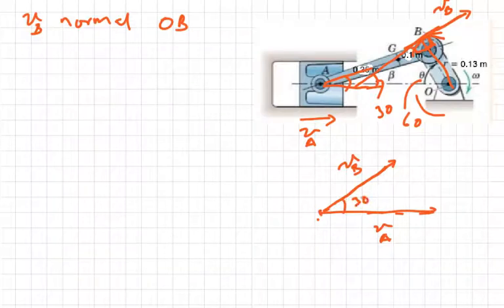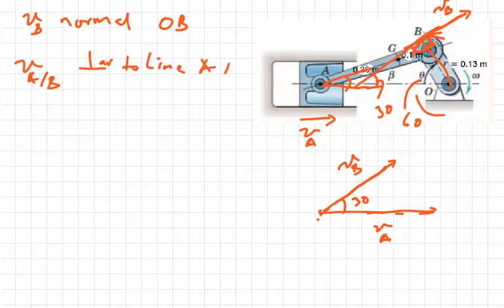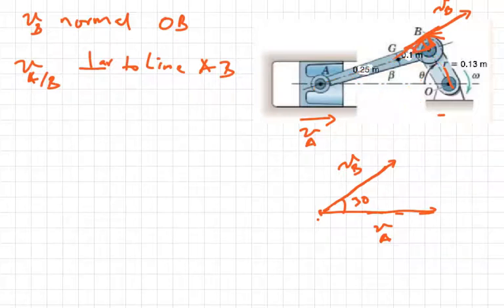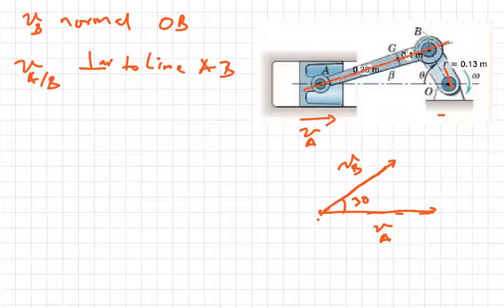We know that this is 30 degrees, and we know what our VB is. We don't know our VA. Note that our VA with respect to B will have to be perpendicular to the line AB, that is to this line. Let's get rid of this. So it has to be perpendicular to this line, that is VAB.